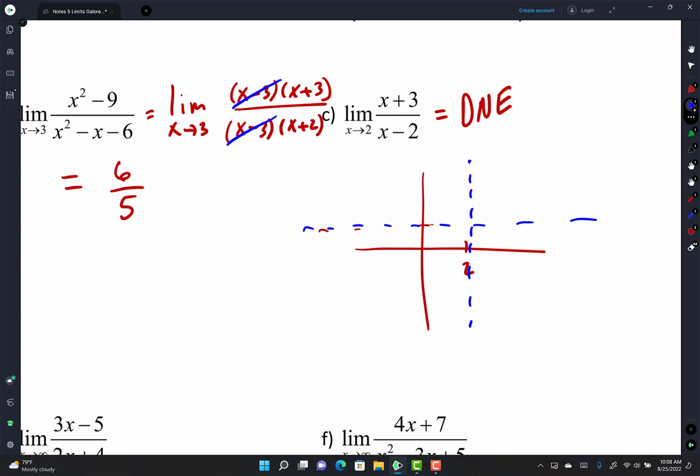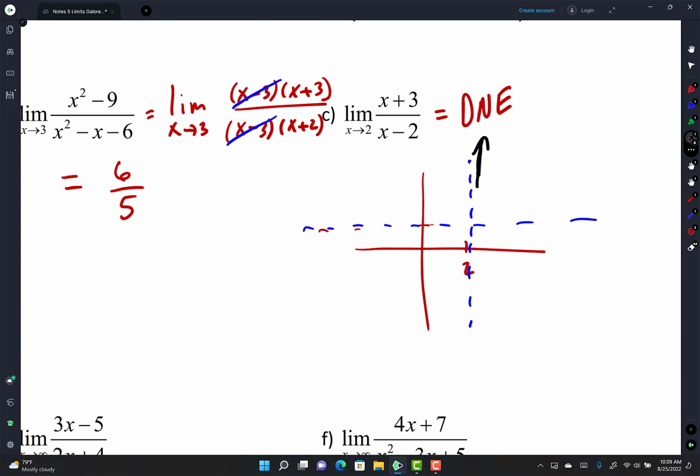If I approach 2, the top is going to be close to 5 all the time, so it's going to be some positive number. All you care about is whether it is positive infinity or negative infinity. If I approach 2 from the right, I'm talking about 2.1, 2.01, 2.001. When I subtract 2, that's always going to be positive. So I know for a fact I look like this in black. If I approach 2 from the left, that's 1.9, 1.99, 1.999.